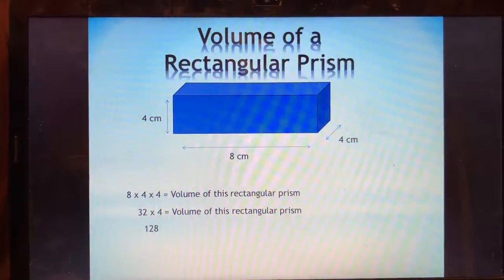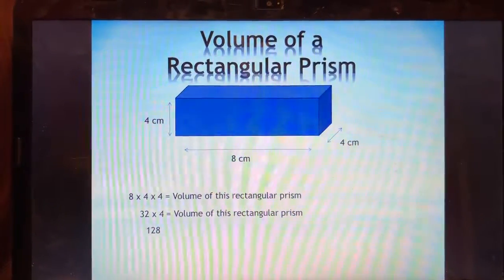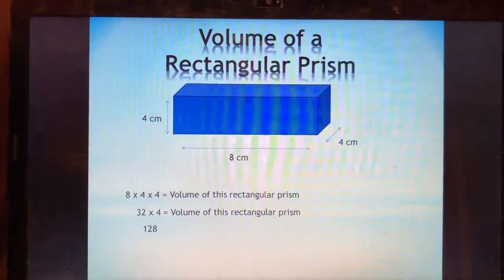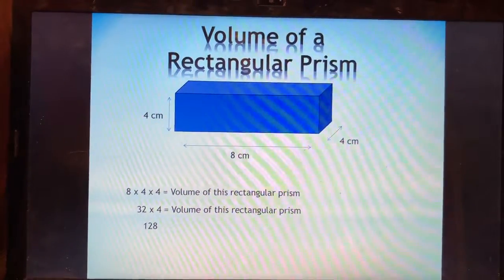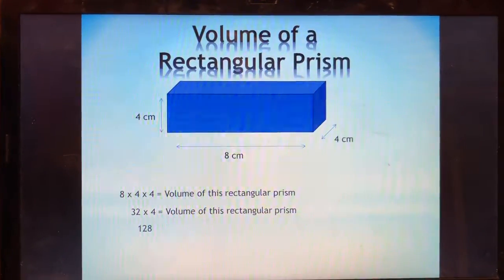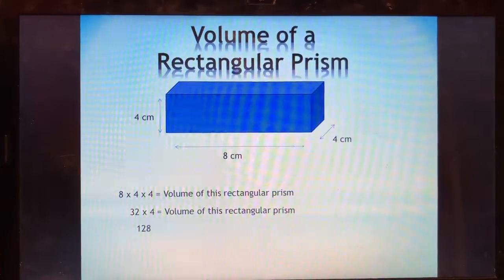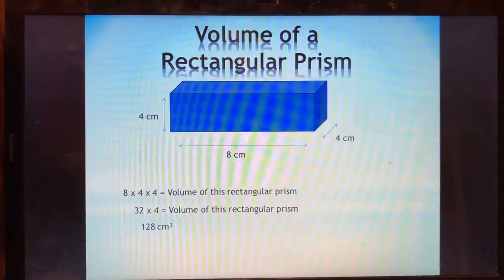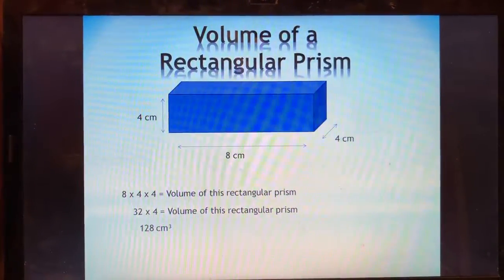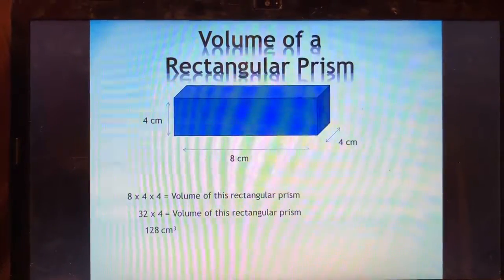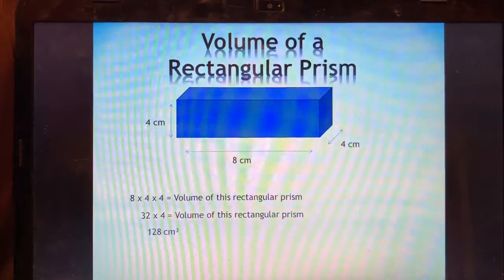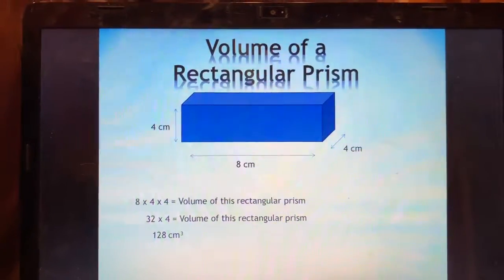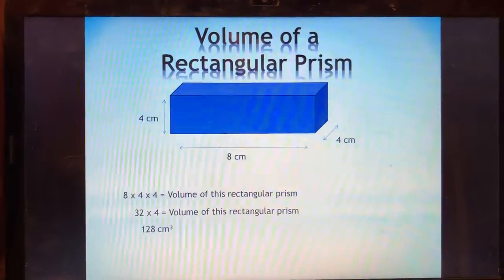We're missing the units that we are measuring this rectangular prism in, and that is centimeters. And we have already discussed how whenever we are finding the volume for an object, it's always going to be that measurement of unit cubed. So the volume of this rectangular prism is 128 centimeters cubed.